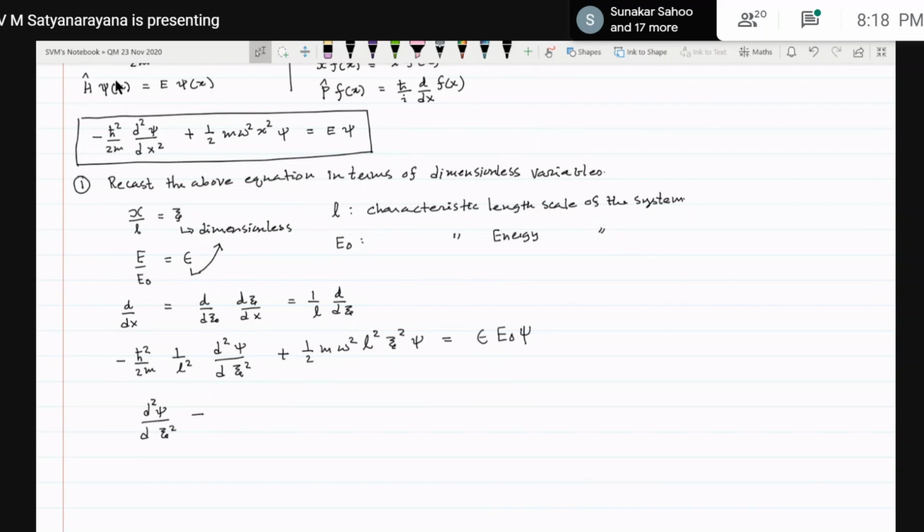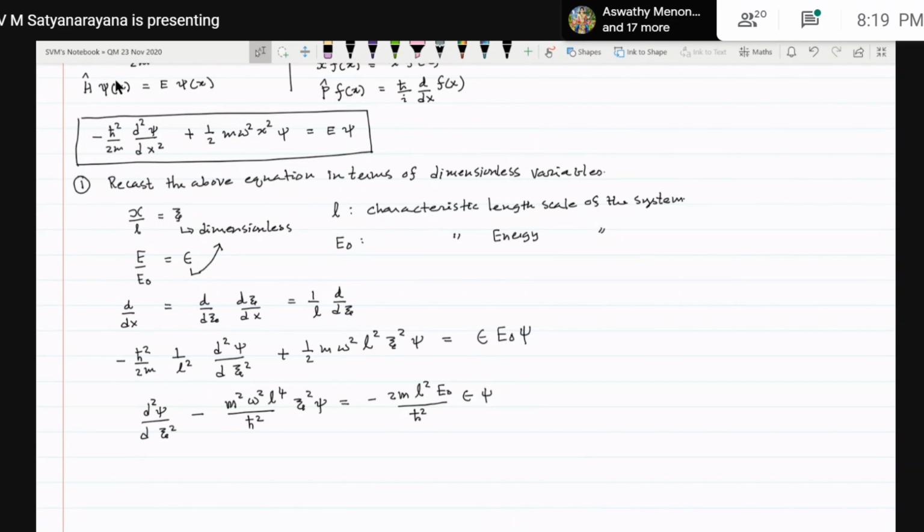Then the 2 will cancel, and I will have minus m square omega square L to the power 4 divided by h bar square into xi square into psi is equal to minus twice m L square into E naught divided by h bar square into epsilon into psi.